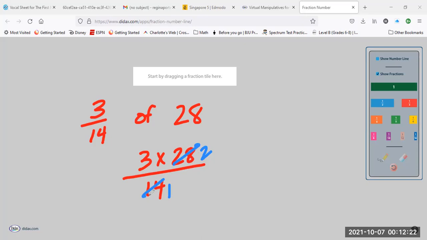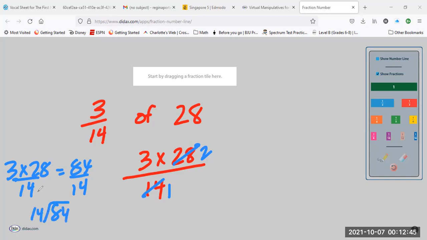So that's half of 28. If I do that, look how much simpler my problem just became. I'm not having to say, oh, 3 times 28 is 84, and my denominator is 14. So 84 divided by 14, and coming over here and doing another division problem. That's way more steps, way more difficult than this over here.